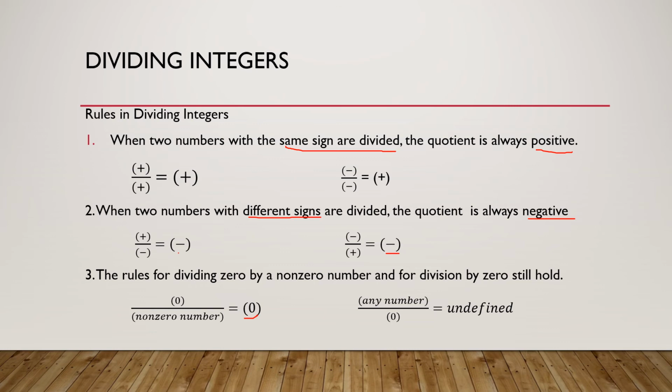Now, for any number, remember, the whole number cannot be placed at the bottom as divisor by 0. For example, 20 divided by 0 is undefined. It cannot be. That's the rule, whether you like it or not. It's never 0, it is undefined. Okay?